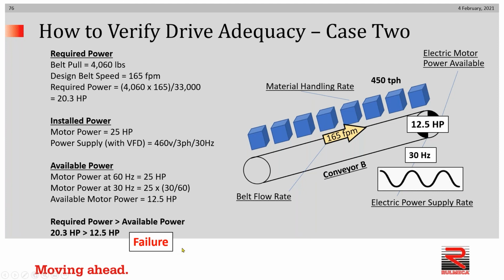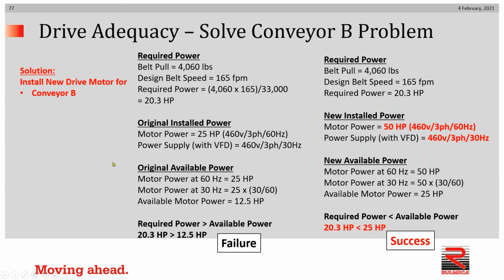What do we do about this situation? Well, here is what we suggest. Take a look at conveyor B and solve that problem, then go back and check to see if the correction also works on conveyor A. So we're going to look at the exploration of a new drive motor for conveyor B, rather than the original 25 horsepower designed to run at 460 volt, 3-phase, 60 hertz.